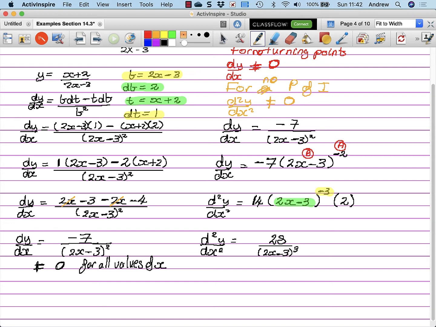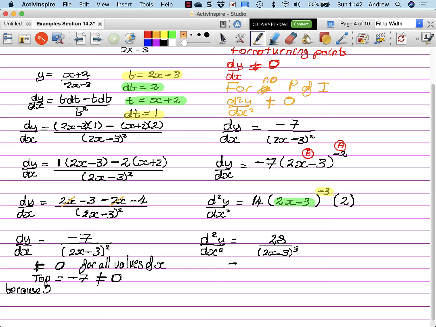And basically, the reason why I know that this dy dx can never equal 0 is because the top is equal to minus 7, and clearly minus 7 is not equal to 0. So this is not equal to 0 for all values of x, because the top is equal to minus 7, which is not equal to 0.